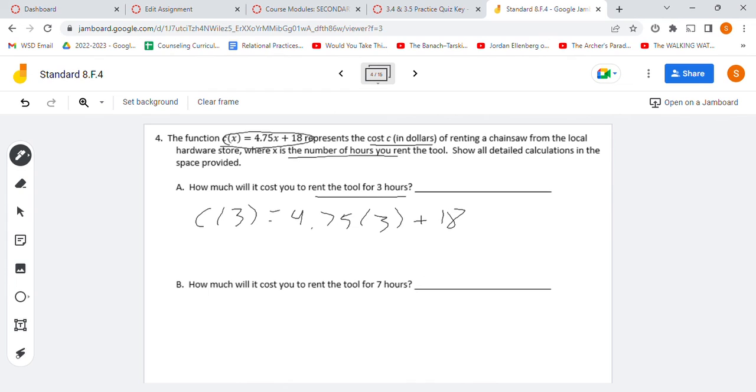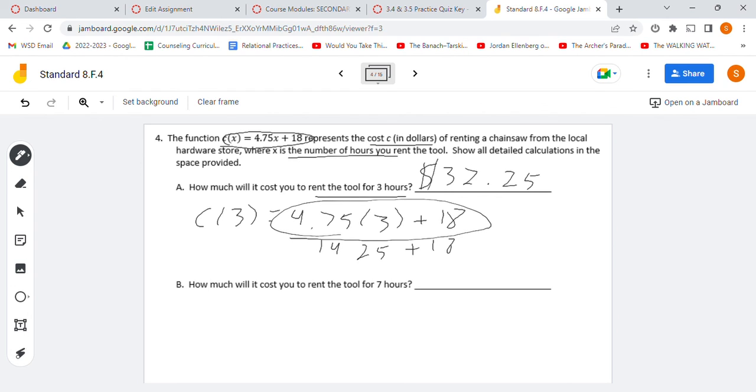If we calculate this on the right-hand side, we'll have our cost. So 4.75 times 3 gets us a value of 14.25. And adding 18 to that ends up being a total of 32.25. This is a cost, so we need to make sure to write our $ right there for our units.